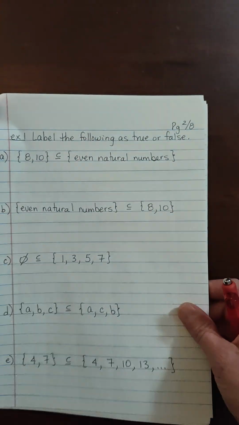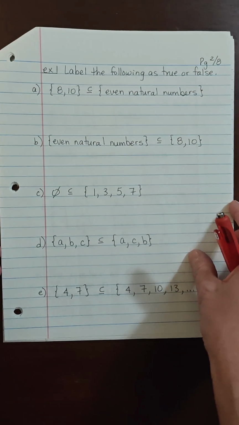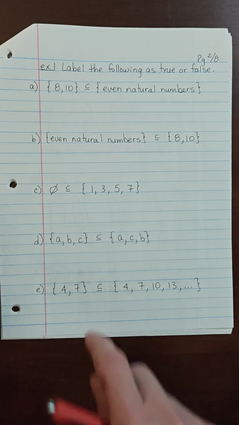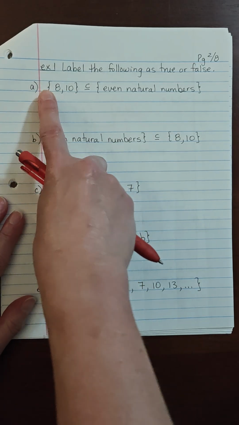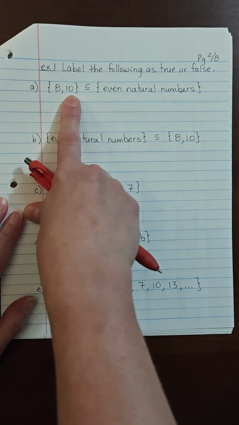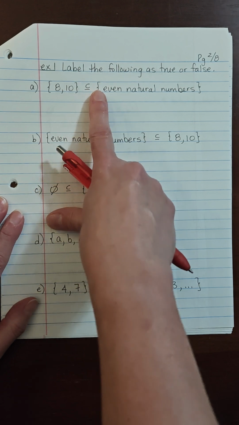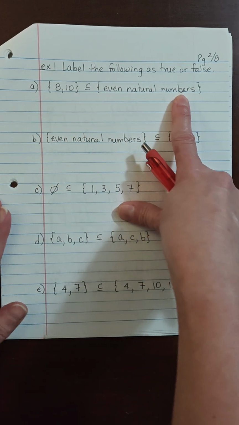Okay, so let's look at some examples and let's label them as true or false. Now again, we got to read through some symbols and figure out what those symbols mean and what this problem is trying to say to us, and then is that problem correct? So my set of the two numbers 8 and 10 is a subset of the set of even natural numbers.